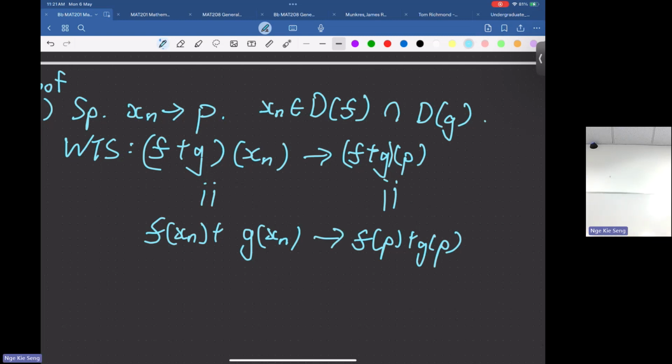The convergence becomes the convergence of f(x_n) and g(x_n). But what do you know about f and g? Yeah, continuous. So for every x_n converging to p, you know that f(x_n) will converge to f(p), and g(x_n) will converge to g(p). If you want to talk about the addition of two convergent sequences, what should you use?